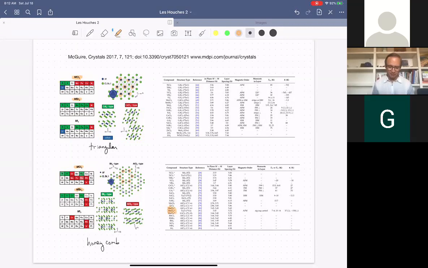It's one example of a geometry of edge sharing octahedra. You can see these here, chlorine octahedra sharing edges. So this second structure is, in a way, very similar to the structure of most of the TMD materials that people study, which also have this kind of honeycomb lattice arrangement. And again, there are both ferromagnets and antiferromagnets of different types occurring here.